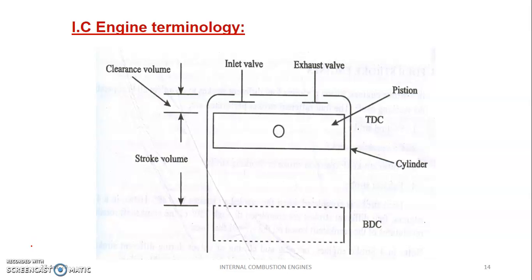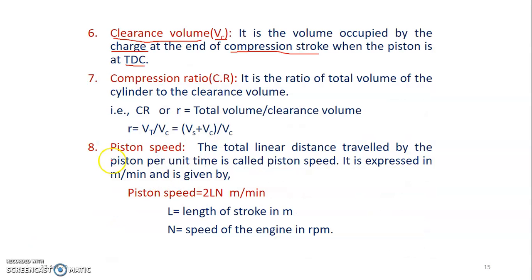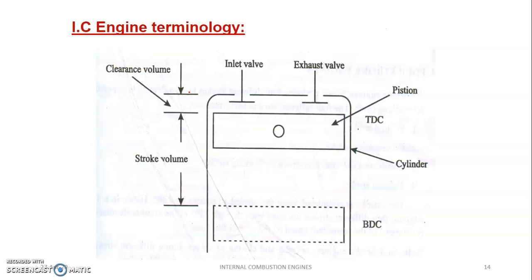Next we have another terminology that is called compression ratio. It is the ratio of the total volume of the cylinder to the clearance volume. You understood what clearance volume is, and what total volume is. This is the total volume of the cylinder: if you take the length times the area of the cylinder, the full area, we get the total volume of the cylinder.